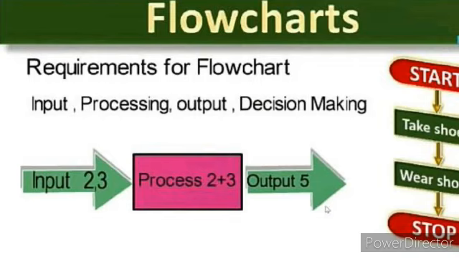For example, you are going to add two values. Then our inputs will be 2 and 3. So this is the first step, and the second step is processing. We are going to add these two values, like 2 plus 3, so this is the process. Our output is 5, so this is our third step.